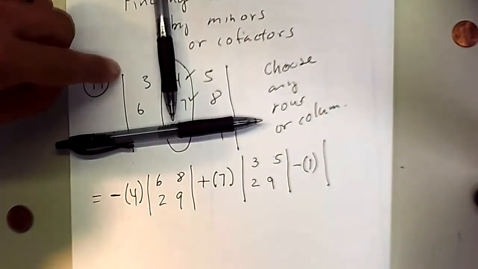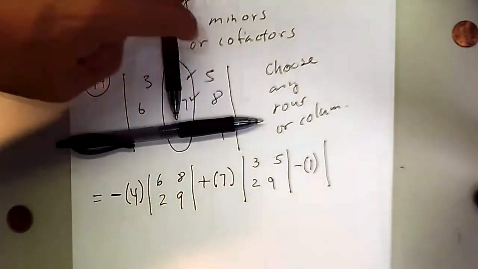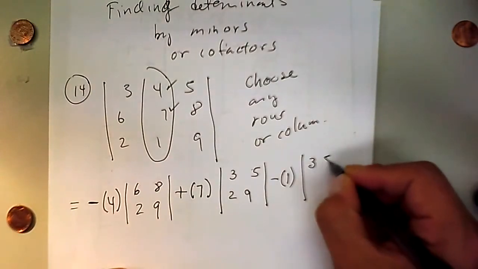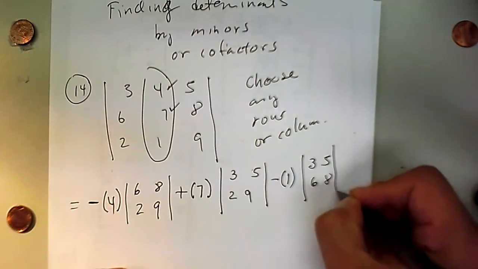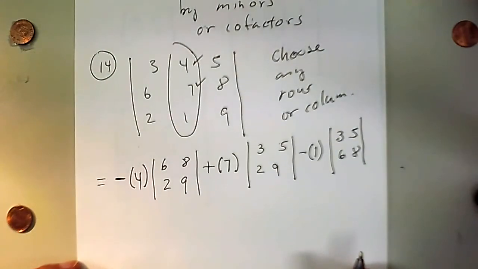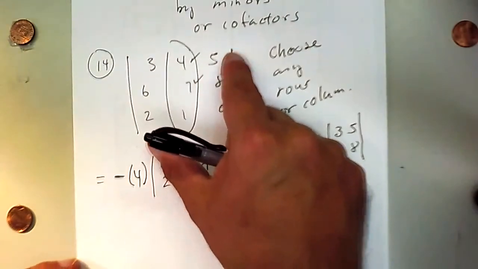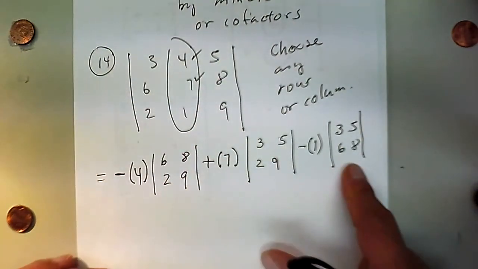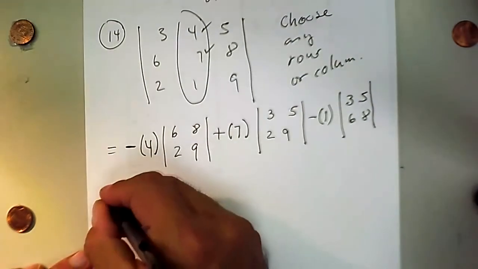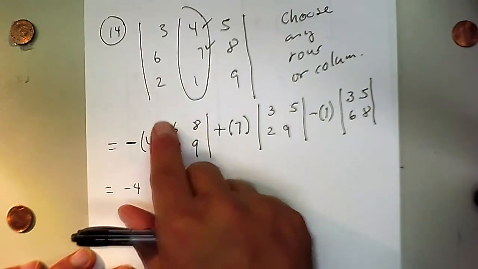So we have 3, 5, 6, 8. Okay. So now the problem of a 3 by 3 matrix gets reduced to a problem of smaller determinants, and those are fairly quick to do.